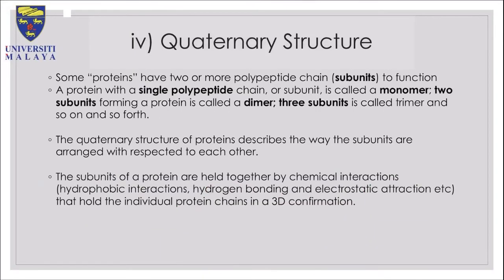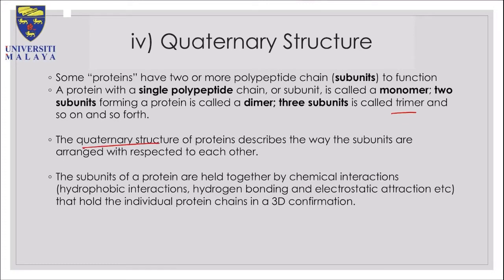Some proteins have two or more polypeptide chain subunits, as in insulin. A protein with a single polypeptide chain subunit is called a monomer, two subunits form a dimer, three subunits a trimer, and so on, four subunits a tetramer. The quaternary structure of a protein describes the way the subunits are arranged with respect to one another.